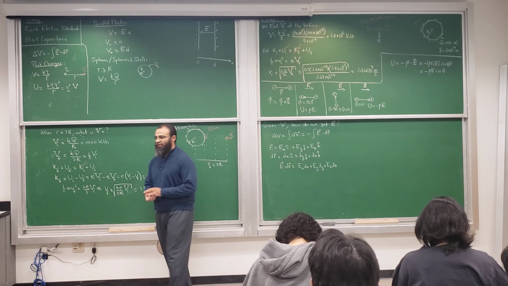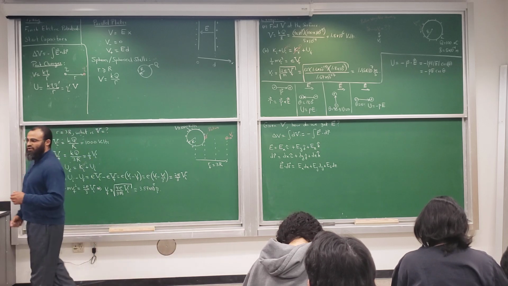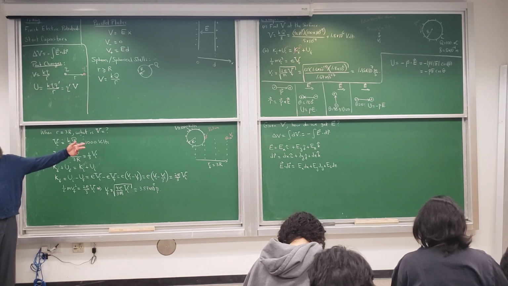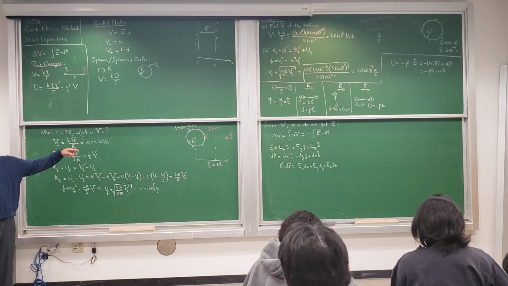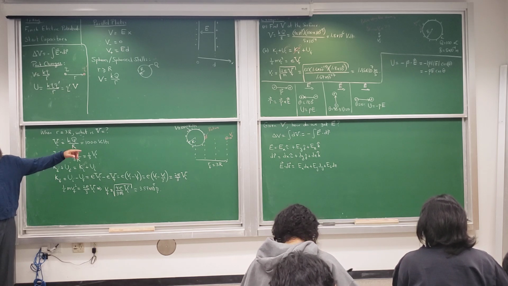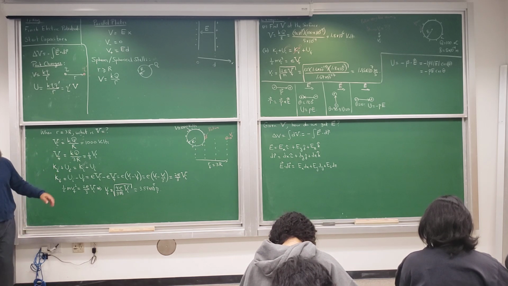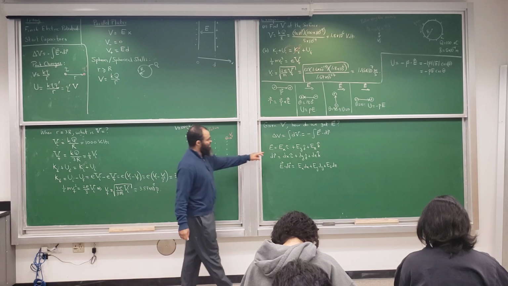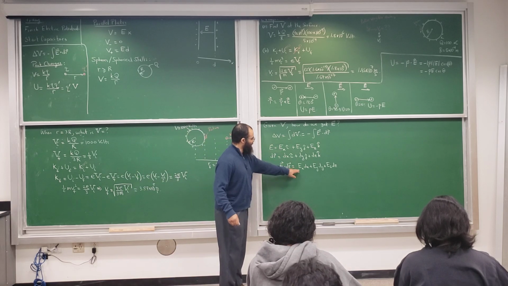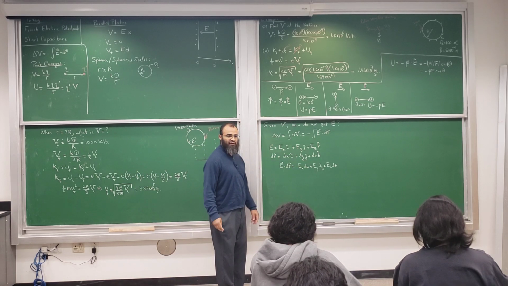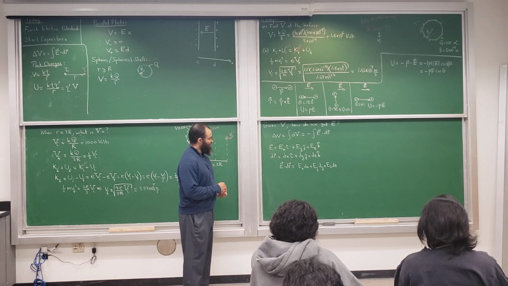Is everyone clear on the dot product there? Dot product only, because i hat dot i hat is 1, i hat dot j hat is 0. You don't have the cross terms, they're not there. The i hat goes with the i hat, j hat with the j hat. That's the dot product.